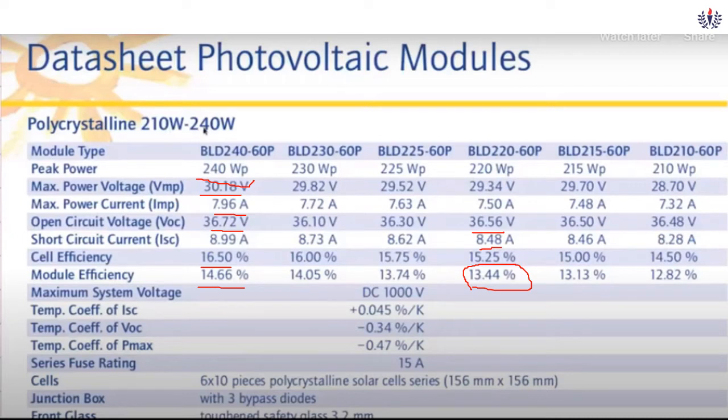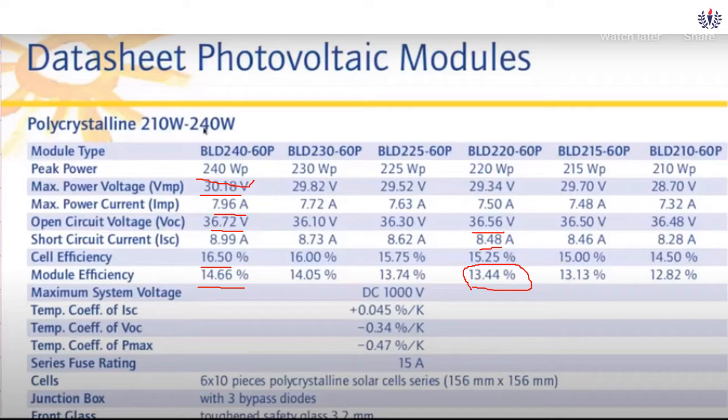The maximum system voltage, that is the DC voltage, is 1000 volt for all these types of modules. The temperature coefficient of ISC is 0.045 percent per degree Kelvin and the temperature coefficient of VOC is minus 0.34 percent per degree Kelvin. The temperature coefficient of maximum power is minus 0.47 percent per degree Kelvin. And the series fuse rating is 15 amperes.